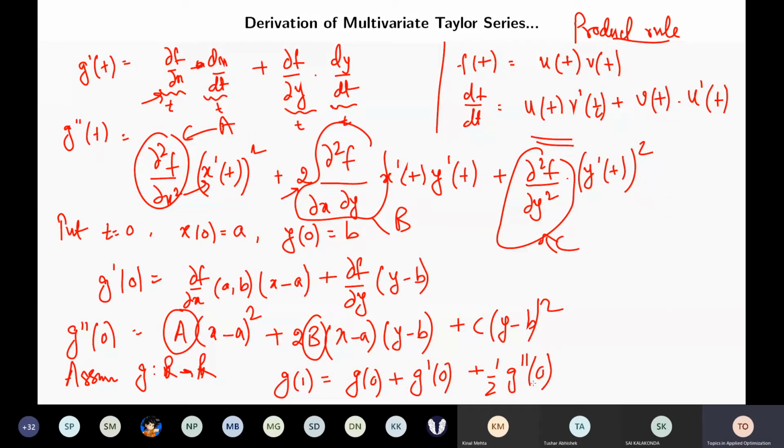So if I do that, then I get the Taylor expansion of the required. So what is G1 then?